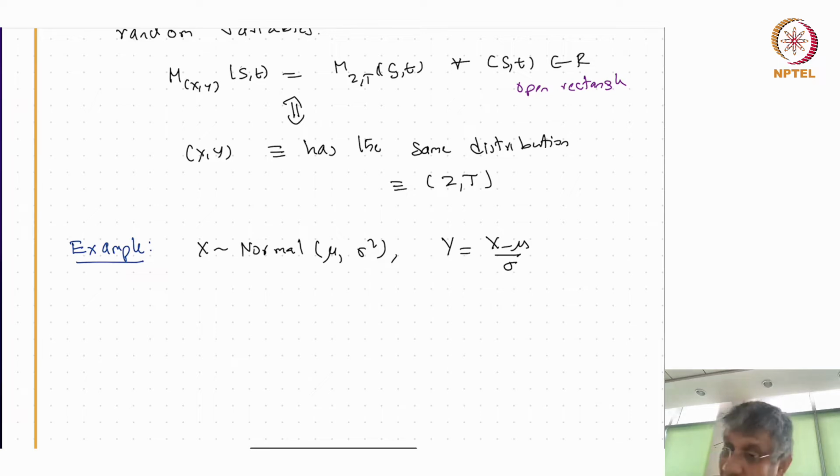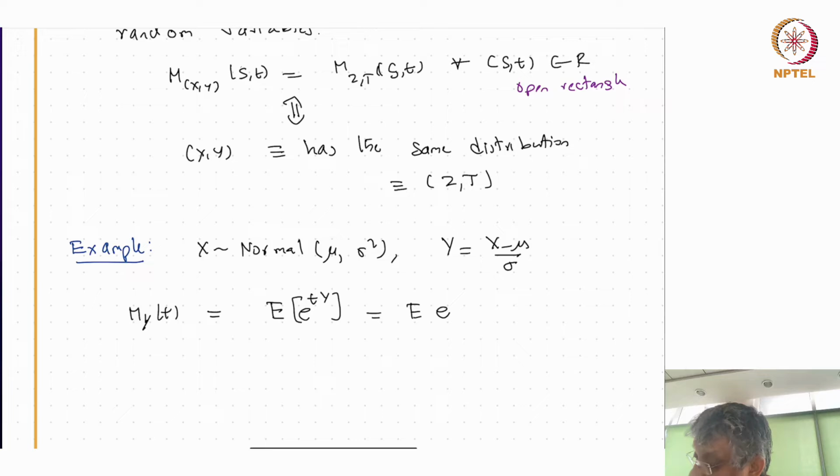So I'll just look at m sub y of t. What's m sub y of t? It is expected value of e to the ty, right? And that's going to be equal to e to the t by sigma times x minus t mu by sigma. That's just the definition.